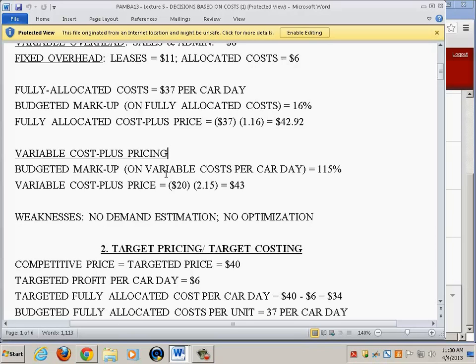But with these demand conditions, we are not going to sell 30,000 car days. We are going to find out that we're going to sell 25,000 car days. So if we insist on this price of 43 and this markup, we are going to sell only 25,000 car days.